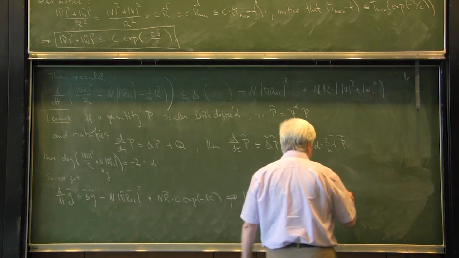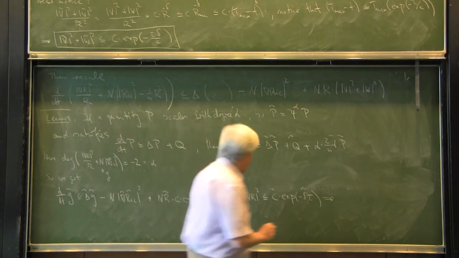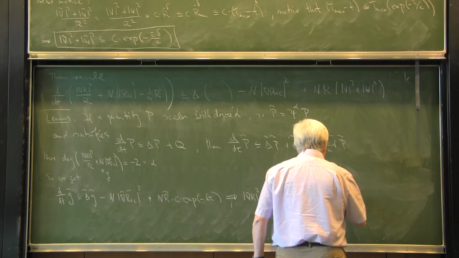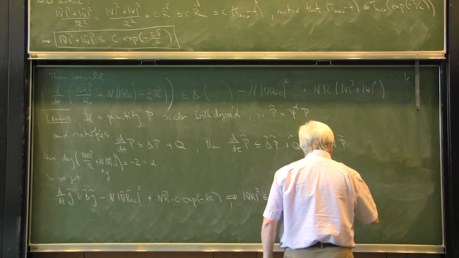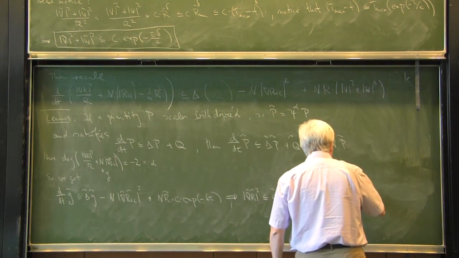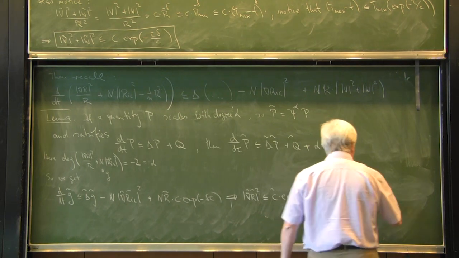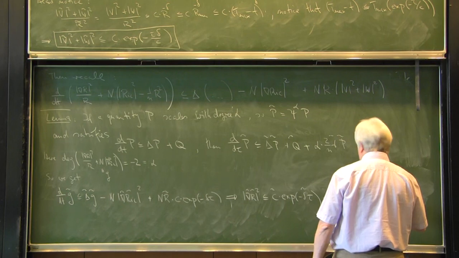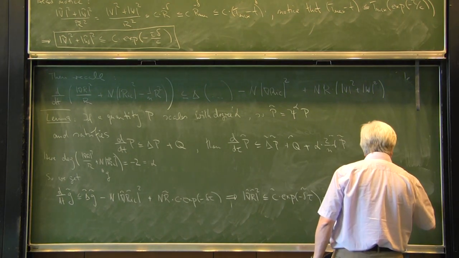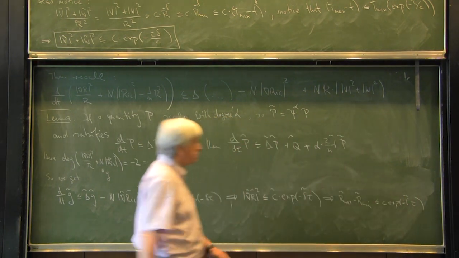So this implies, since the diameter is already bounded by Meyer's theorem, we get that the difference between R max tilde and R min tilde everywhere decays like some other constant times e to the minus delta tilde tau.